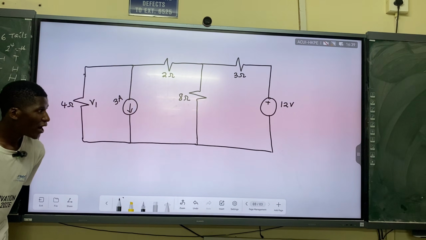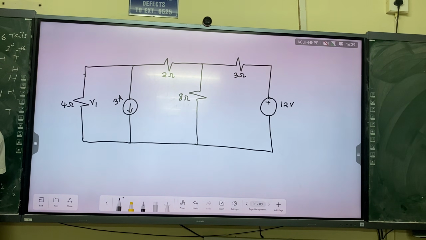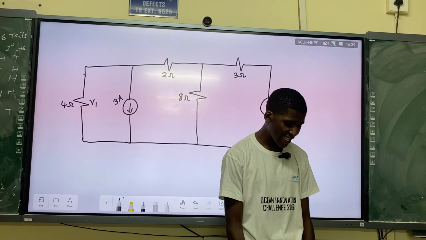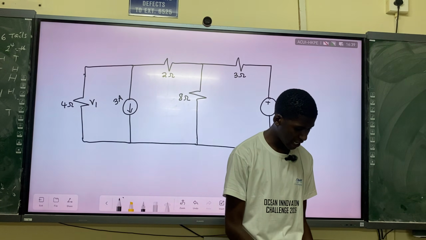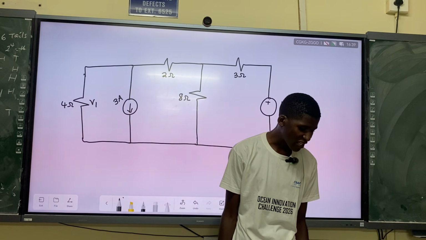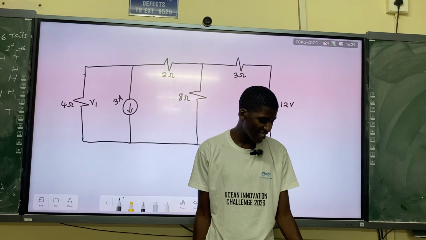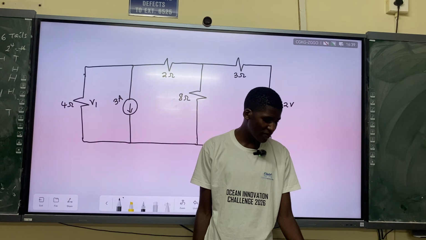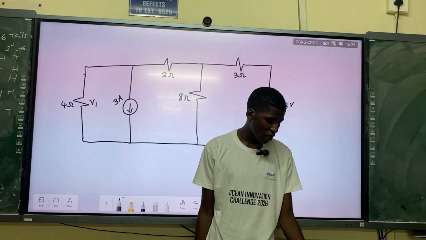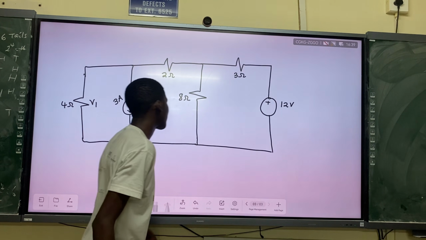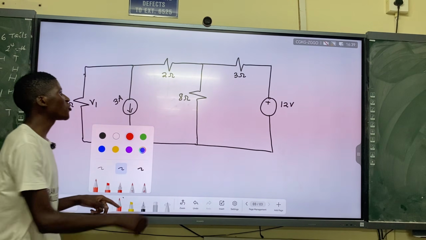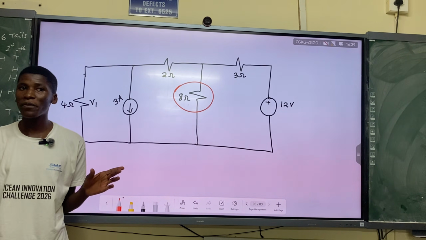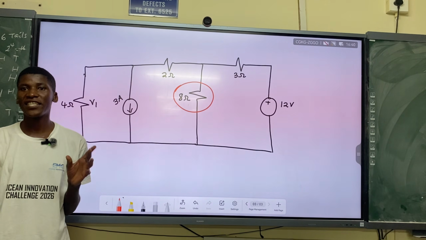Okay, so we should use source transformation to try and determine the current. Let's take the 8 ohms resistor and start with that. So we want to find the current in the 8 ohms resistor, but you don't want to use any other theorem besides source transformation.